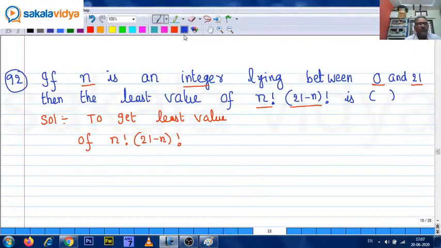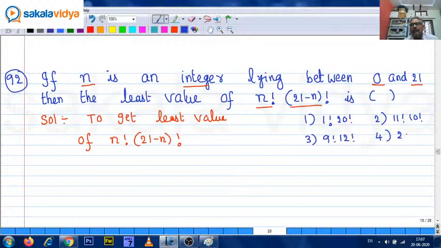The first option is 1 factorial into 20 factorial. Second is 11 factorial, 10 factorial. Third is 9 factorial times 12 factorial. Fourth option is 2 factorial and 9 factorial.